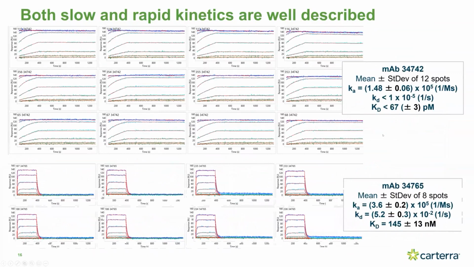So in this case, it was about a 20,000-fold range we were able to describe. Where you can see for the high affinity antibody on the top, really we probably could have omitted the top 3 concentrations of antigen and gotten essentially the same kinetic result. But for the lower affinity antibody, the 145 nanomolar antibody affinity down below, we needed every one of those high concentrations.